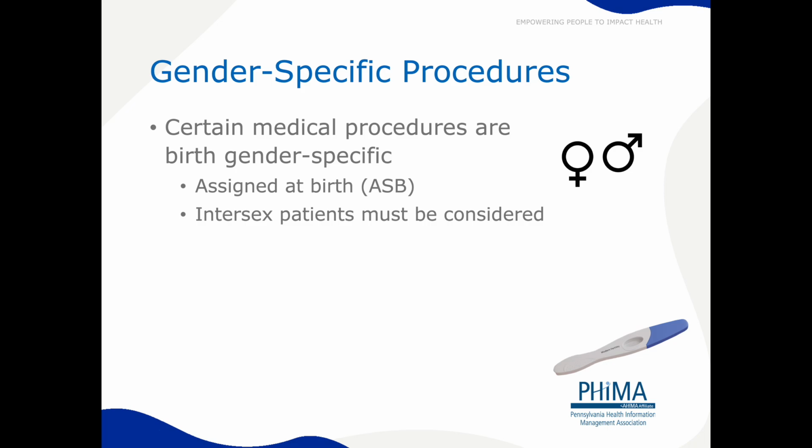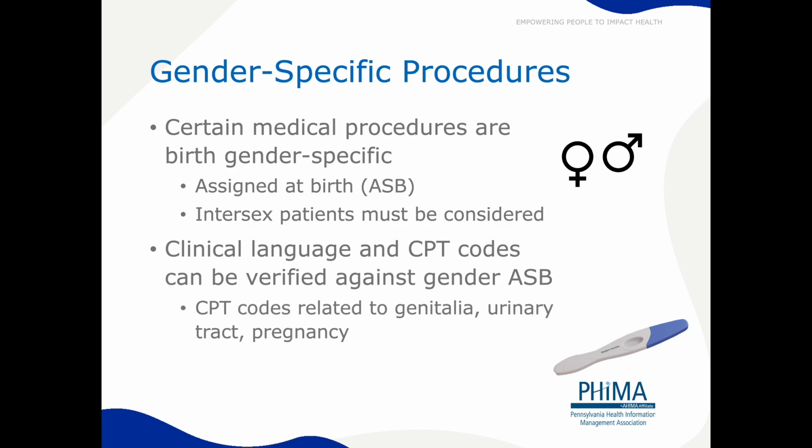Also, we have to be aware that there are some intersex patients, so there's no exact answer always, but there are exceptions. The clinical language, the CPT codes that can be verified against the gender assigned at birth, mostly around genitalia, urinary tract, pregnancy, etc., are different for men and women. And this is a clear-cut example where understanding clinical data can help us root out incorrect information in patient records.